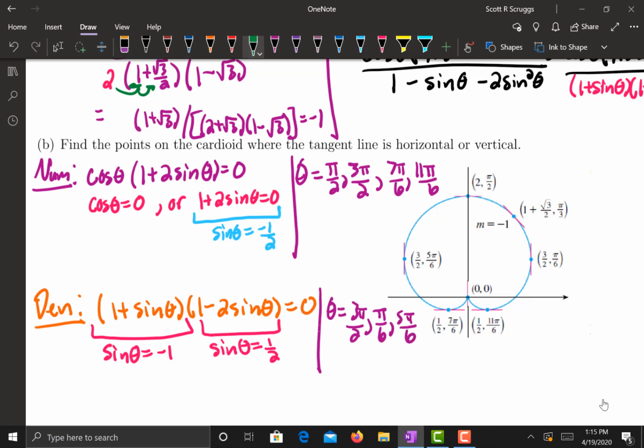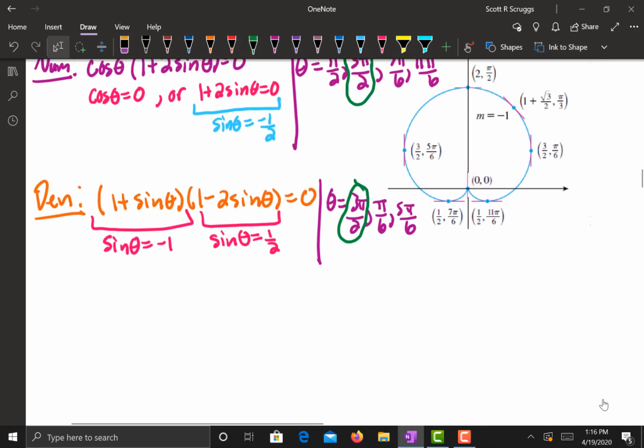And so before I do any analysis, the first thing I check is, between the values of theta that make my numerator and denominator 0, are there any values for theta that are the same? Based on what I have, the only one that's the same is at 3 pi over 2. So I'm going to have to do a little bit more work on that.